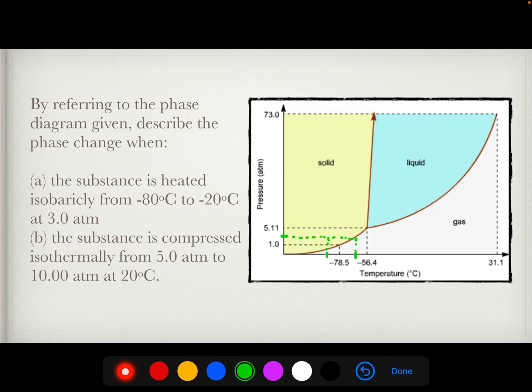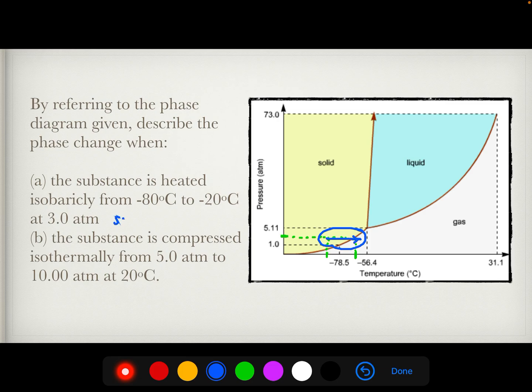The question asks us to describe the phase change. So during this period, what happened to our substance? If we look at the changes, the substance actually goes from solid to gas.